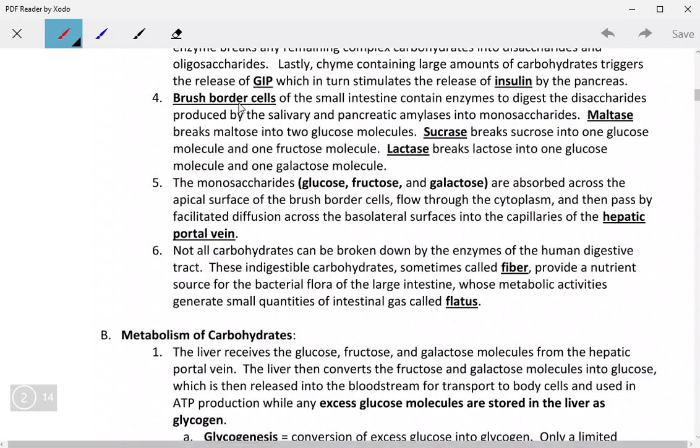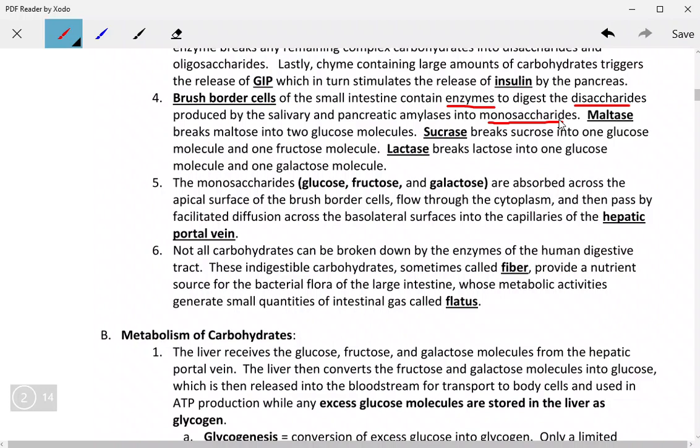So these brush border cells, these are your small intestinal cells. Okay? They contain the digestive enzymes, the brush border enzymes. And these enzymes are going to further digest the disaccharides, are you following? Into monosaccharides.